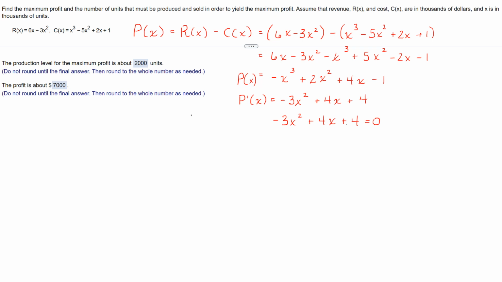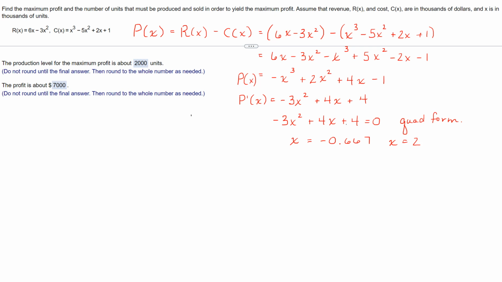Now I did use the quadratic formula here to do that, and so that gave me two values for x. One was a negative 0.0667, and one was simply 2.